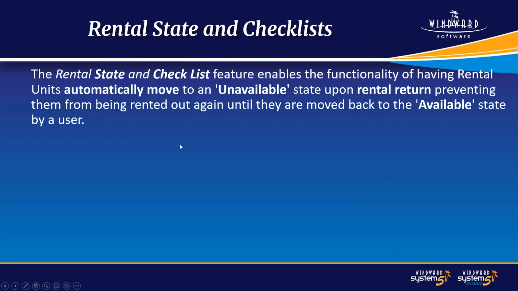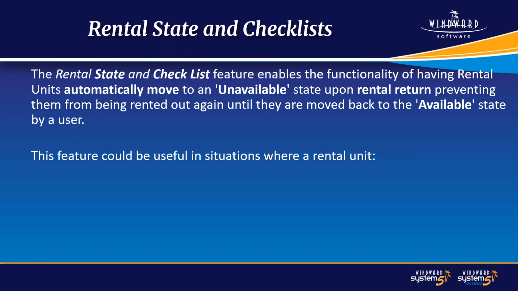So first thing first is the rental state and checklist. The rental state and checklist feature enables the functionality of having rental units automatically move to an unavailable state upon rental return, preventing them from being rented out again until they are moved back to the available state by a user. This feature is only available for rental units, and it's not available for regular serialized items or regular rental inventory items.